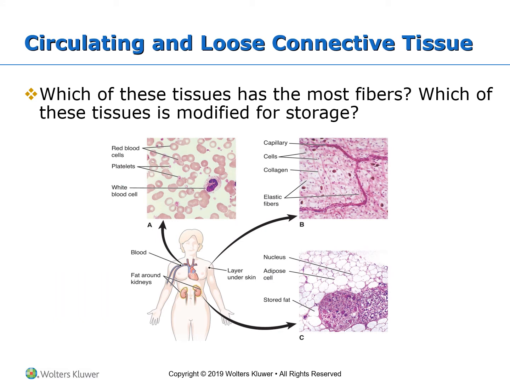Now let's look a little bit into and analyze this image. We are shown here three types of tissue, and over here, this is the circulating tissue. You can see the red blood cells, platelets and white blood cells, and you can see that there are no fibers over there. There is no structure to hold on.